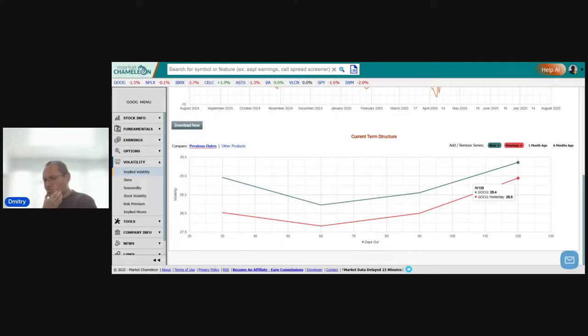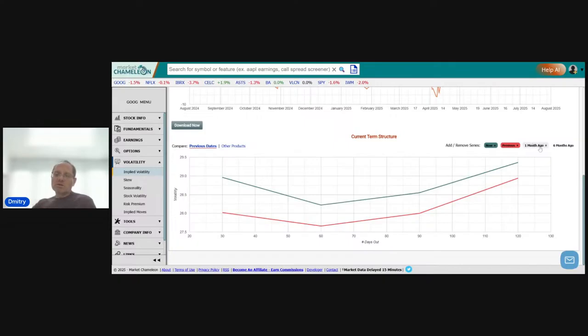Okay, so that's what the term structure looks like. And this red line shows us the previous day. So we can see the whole term structure shifted higher. The shape of it looks similar, but it just shifted higher. The green line went up across everything, kind of proportionally.